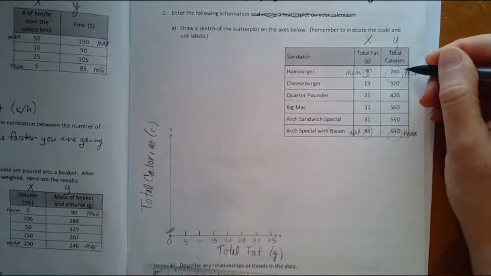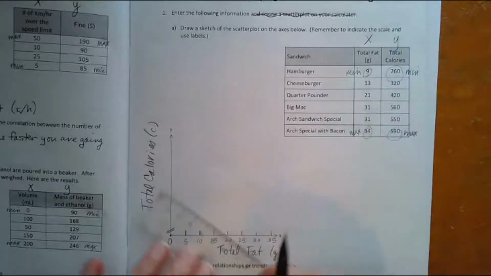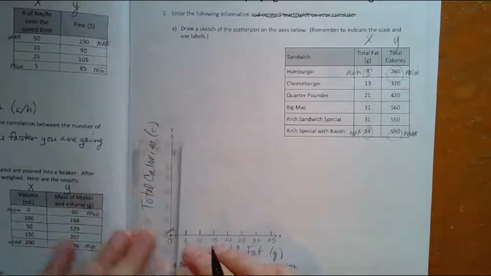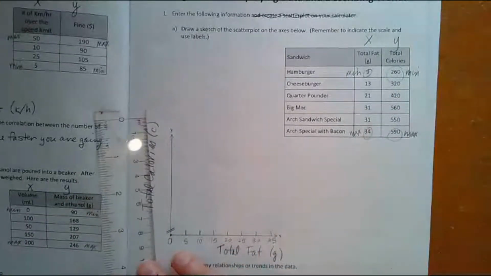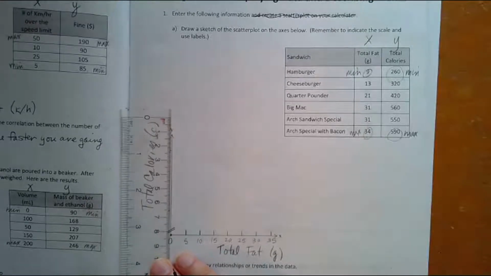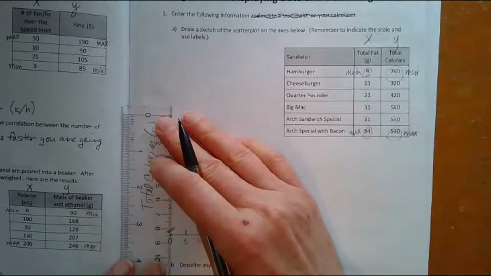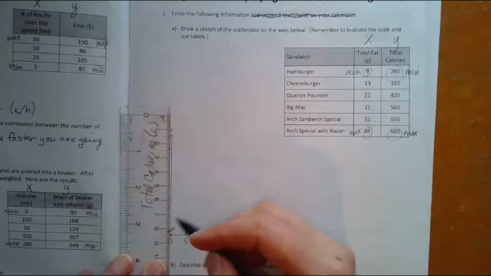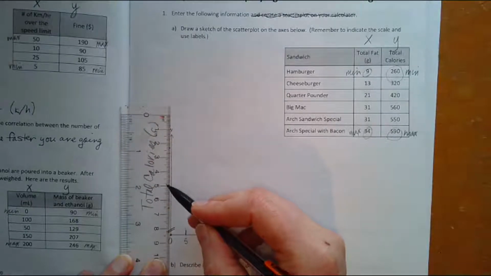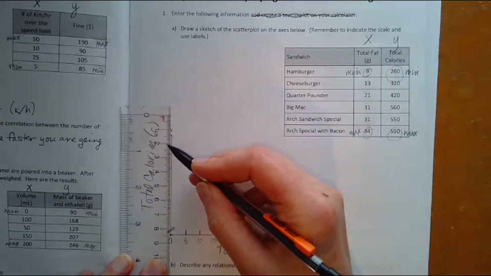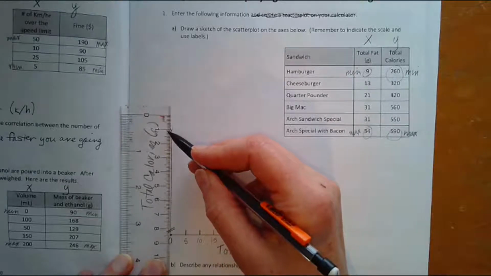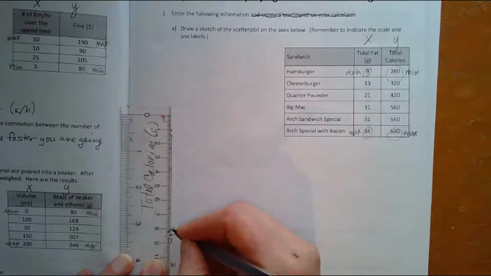So let's see, what if I start my Y graph at 250 and I go up by 50s, right? So I'm just going to start right here. 250, 300, 350, 400, 450, 500, 550. I think I'm going to do that.